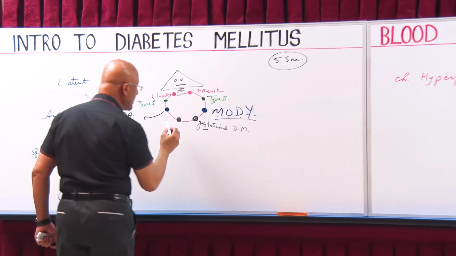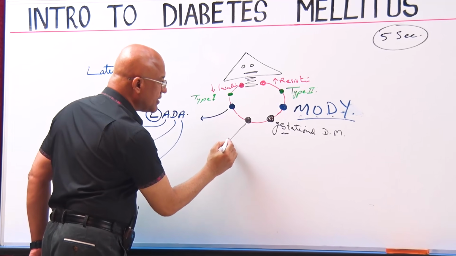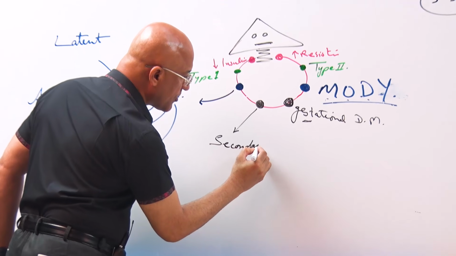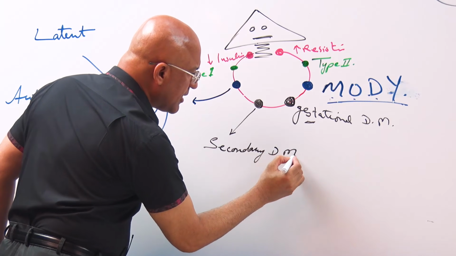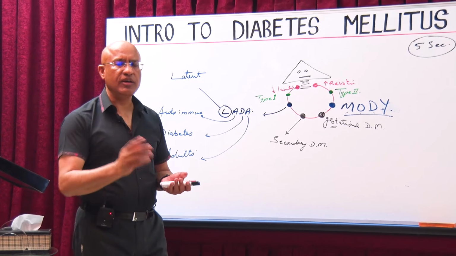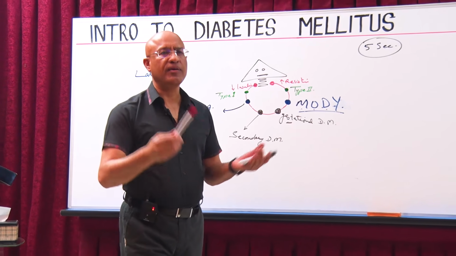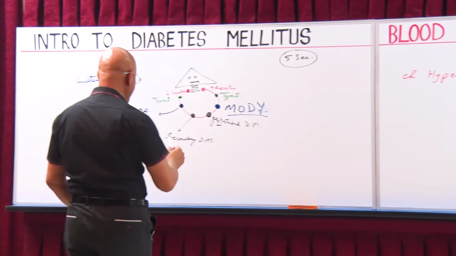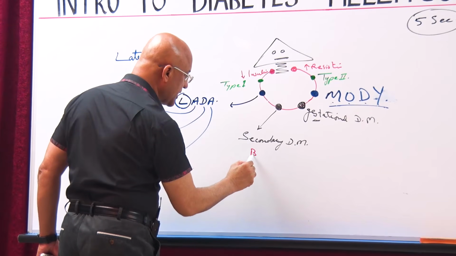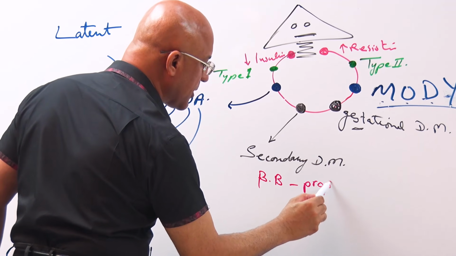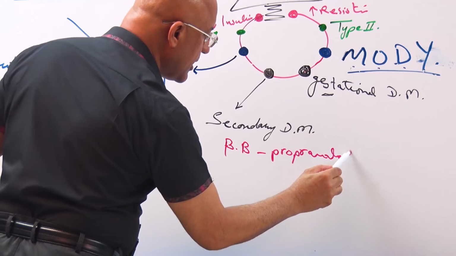Such kind of diabetes mellitus is called secondary diabetes mellitus. There are so many types of secondary diabetes mellitus, but just as an example, we talk about one drug. A very commonly used drug is beta blockers, classically propranolol.